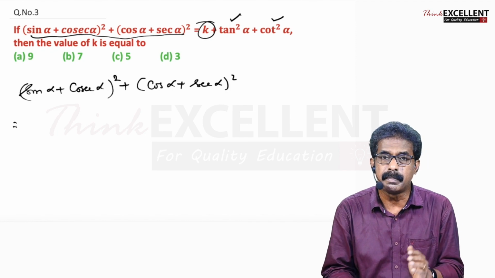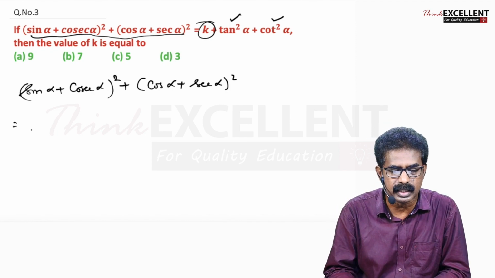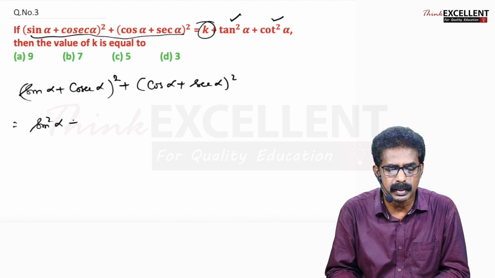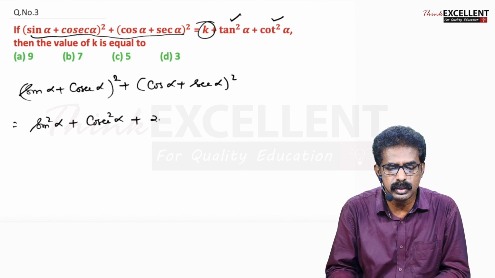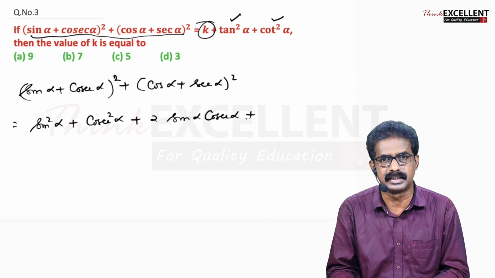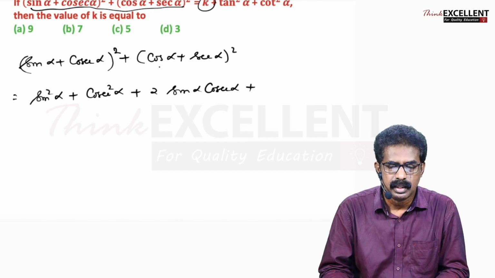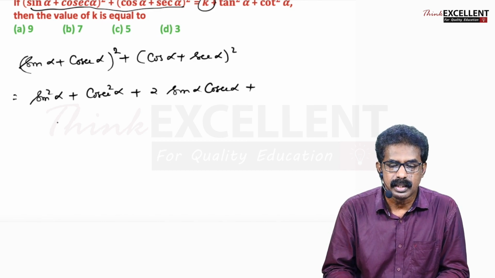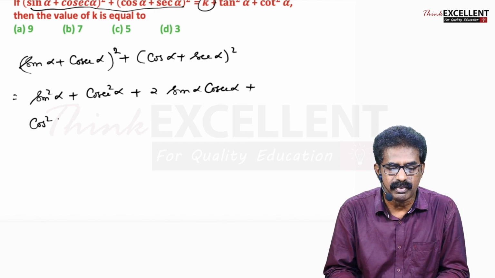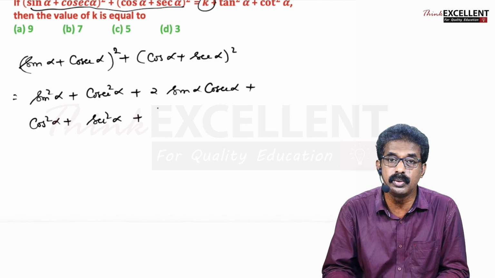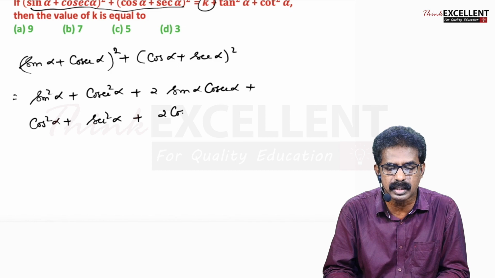Very simple one. A plus b the whole square. So a square plus b square plus 2ab: sin square alpha plus cosecant square alpha plus 2 into sin alpha into cosecant alpha. Now the second one, again a plus b the whole square: cos square alpha plus secant square alpha plus 2 into cos alpha into secant alpha.